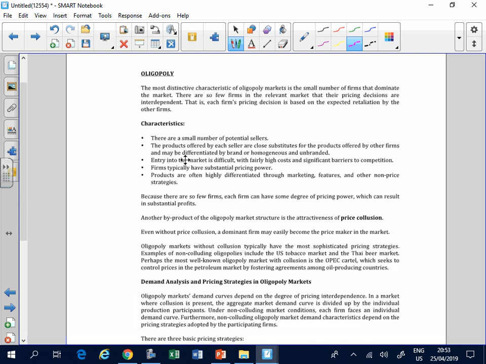The products don't have to be differentiated or exactly the same. The whole point is that they're close enough. Think of banks. Close enough. And non-price differentiation occurs.